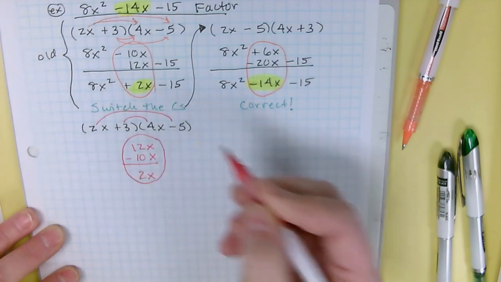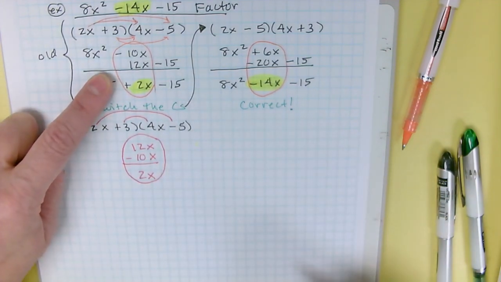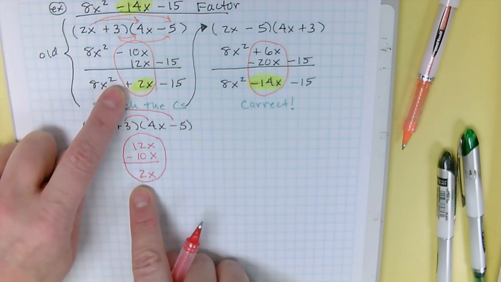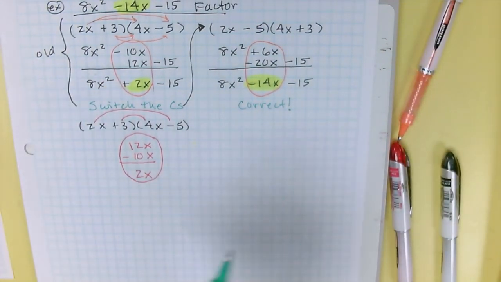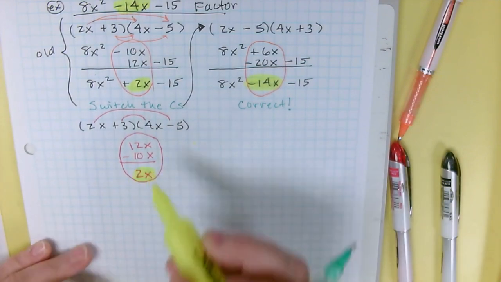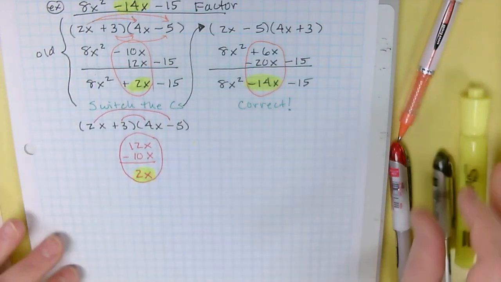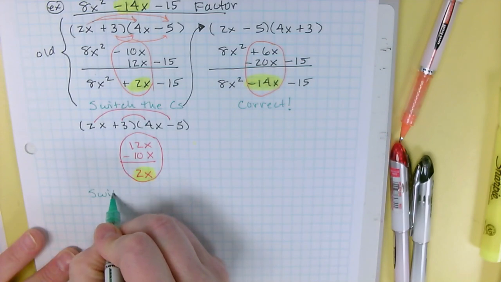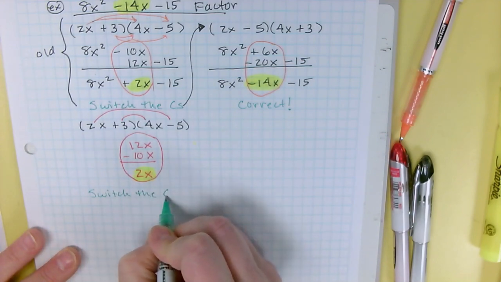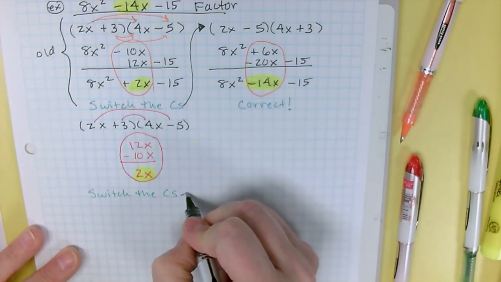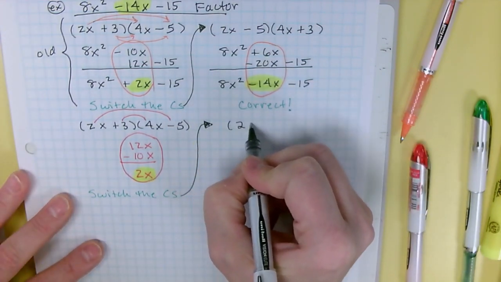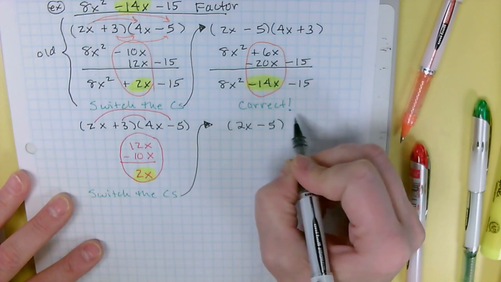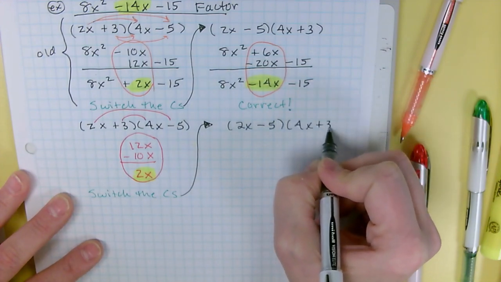And this is exactly what we did when we multiplied the whole thing out. That middle and this middle are the same. So the result is the same. The 2x is not the negative 14x that we want. So we switch the C's. And that gives us 2x minus 5 times 4x plus 3.